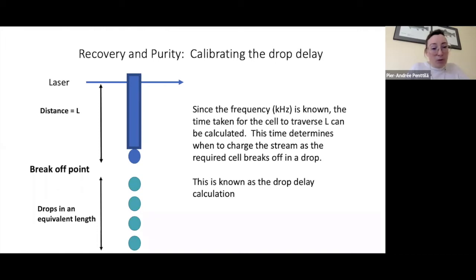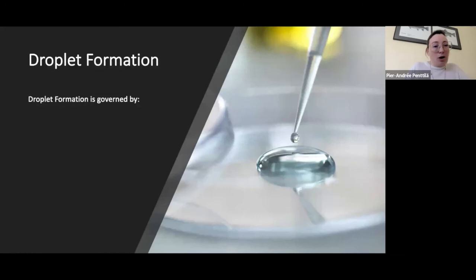This is extremely important because if the drop delay calculation is not properly performed, we can either get a much lower recovery of cells than what would be expected, or the purity of the fractionated population suffers as a result. There are very important factors that govern droplet formation, and the first, of course, is the transducer frequency. As I mentioned, the frequencies can range anywhere between about 20 and typically 90, but can be higher, about 100 kilohertz.